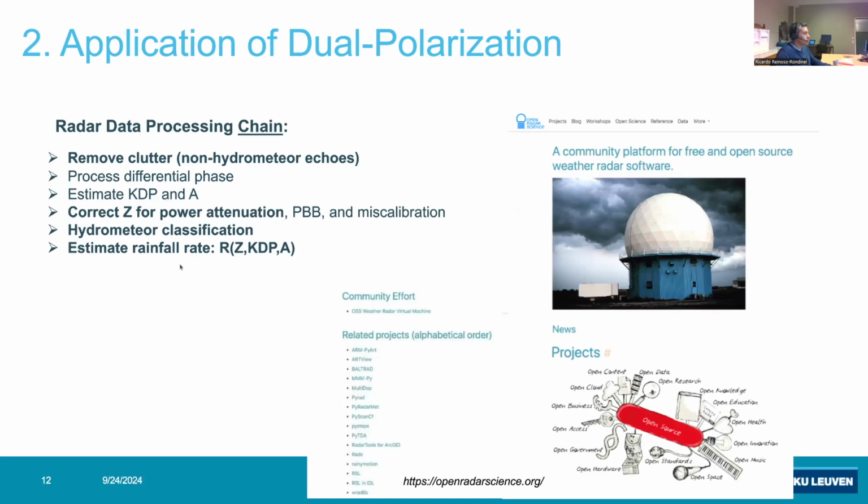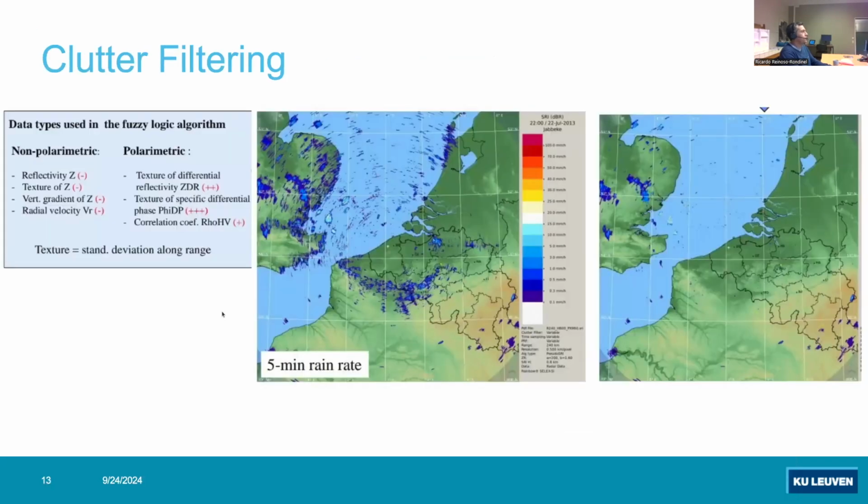So we don't need to start from scratch. There are always options to start working on this chain in order to improve the data quality of radar data.